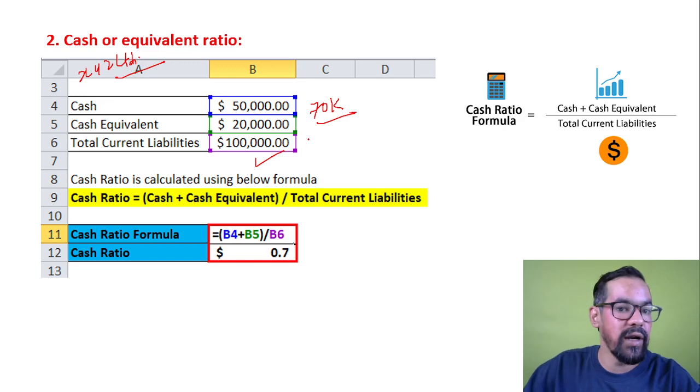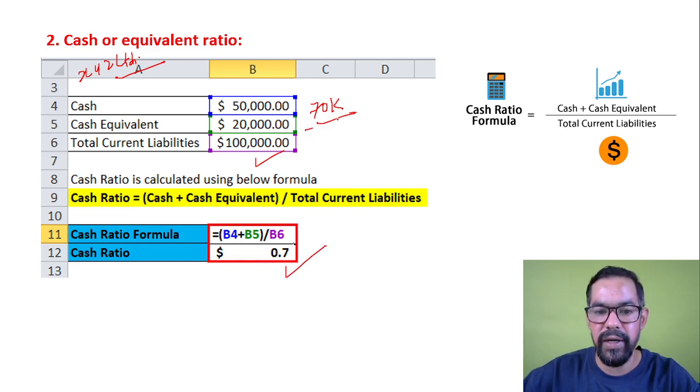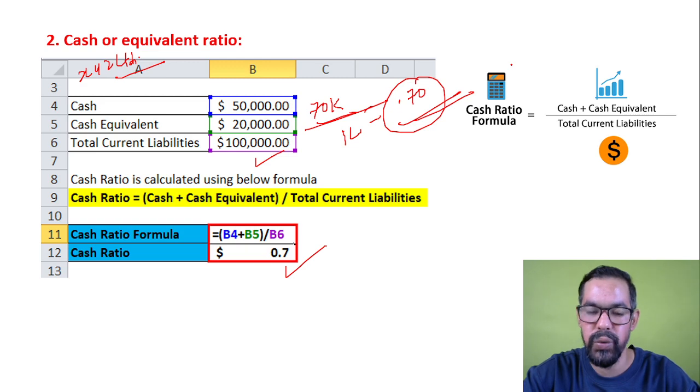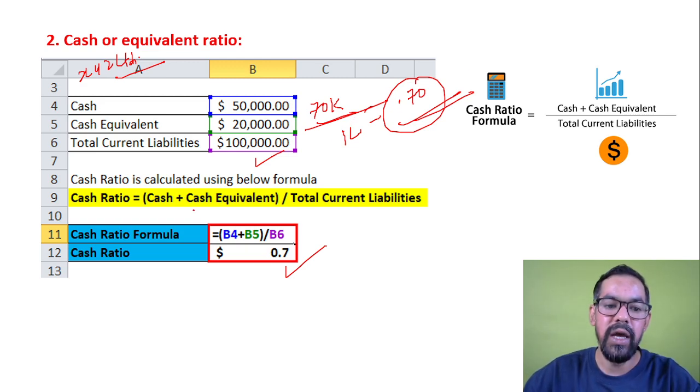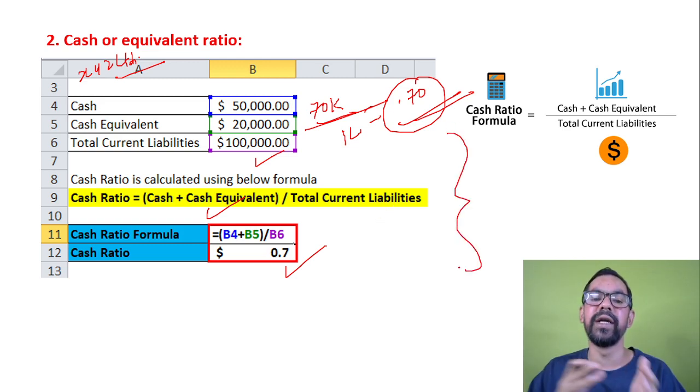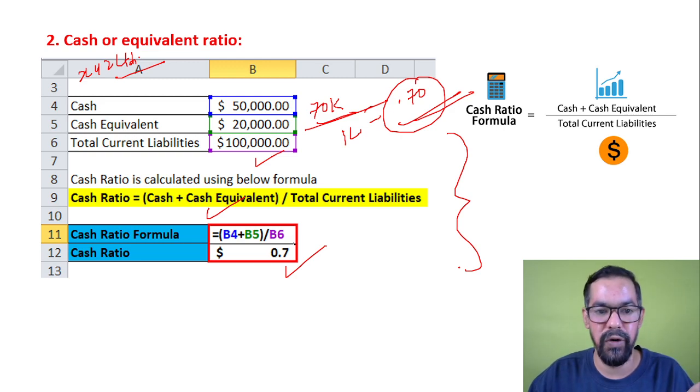So 70,000 divided by 1 lakh is equal to 0.70. This is the case of your cash or equivalent ratio. Cash plus equivalent divided by total current liabilities: using this formula you can calculate the cash ratio.